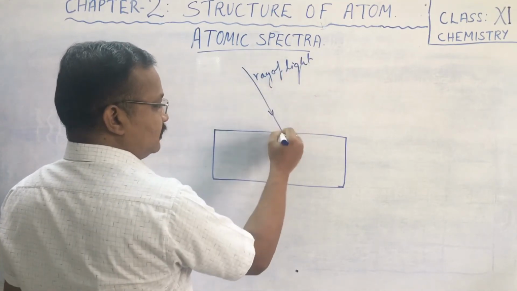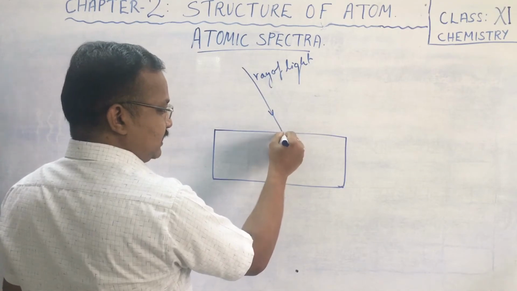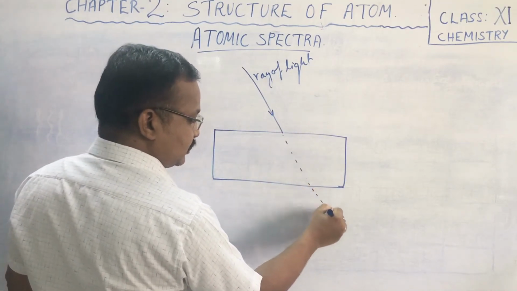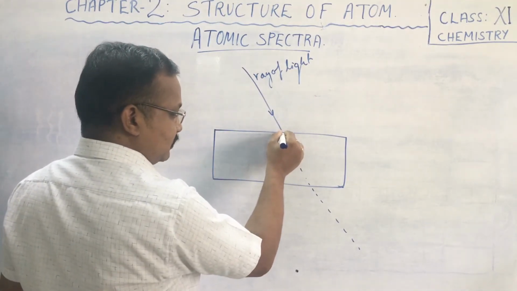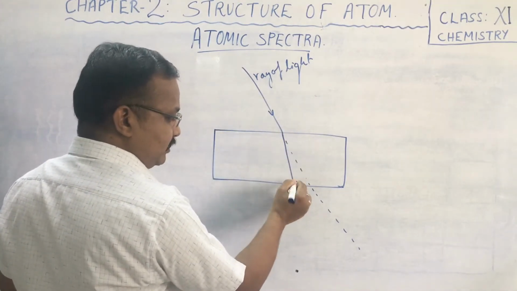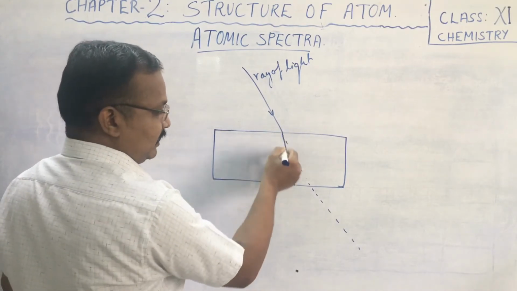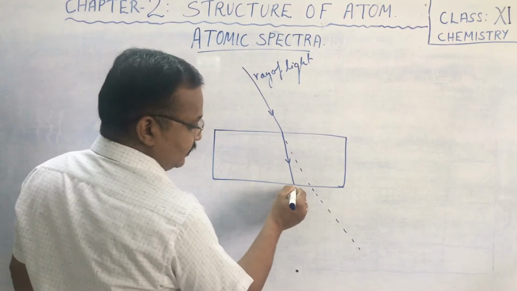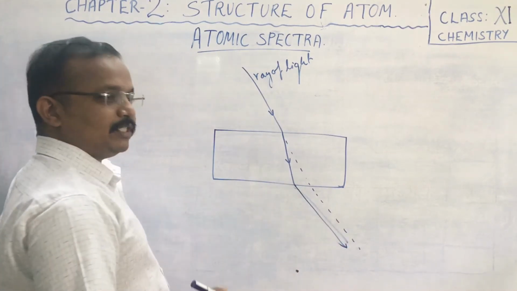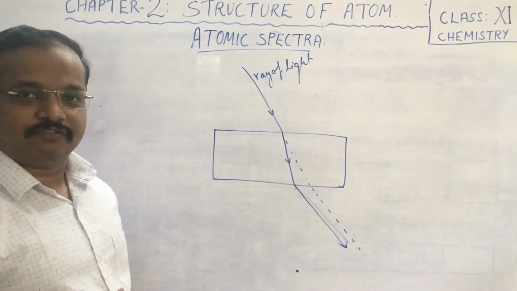If you allow this light to pass through this, it is expected to go in a straight line, isn't it? But what you will observe is it gets bent in its path. Correct? This phenomenon of bending of light you studied as refraction of light.